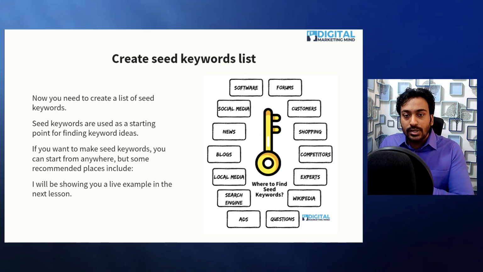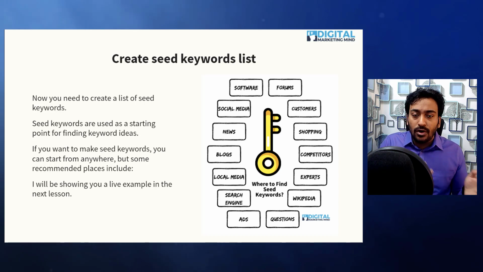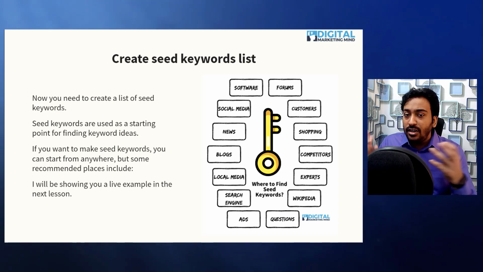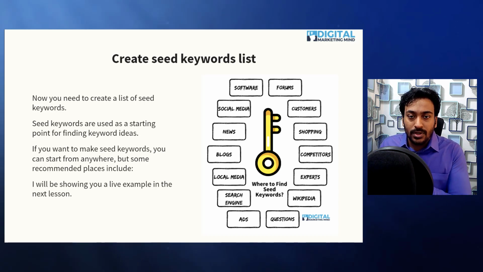So when you go into shopping sites like Amazon or eBay, see what the sales copy is trying to say to my target audience, and you can find seed keywords from these places also.